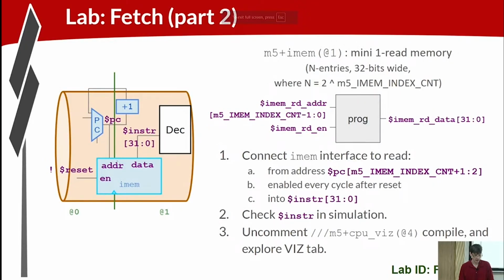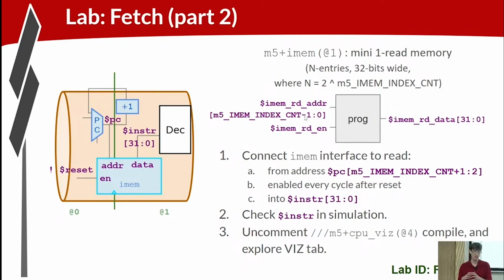The way we want to hook this up, it's the instruction memory that contains our program. So this is what that instantiation is providing. It's this IMEM read address. And it has this bit range, right?